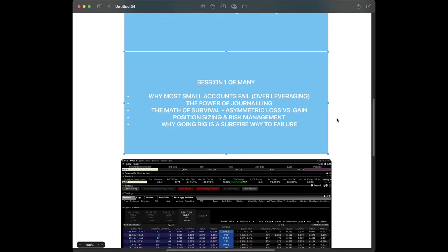You're risking a lot to make a little, essentially, which for a small account, you need the opposite of that. You need to be able to make a lot of money on each trade. Each dollar should have potential to double or triple in value off a given trade, right? So good to think of it from that perspective.